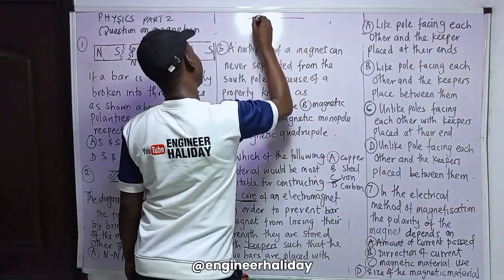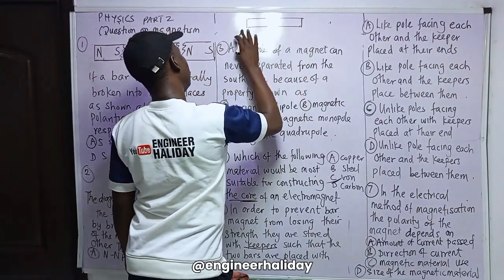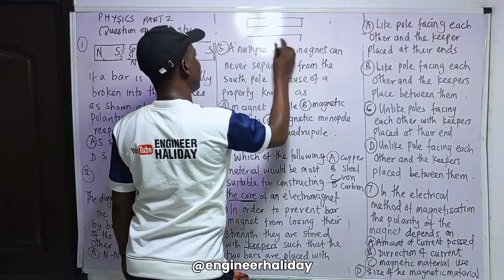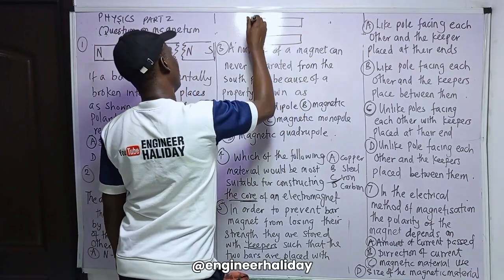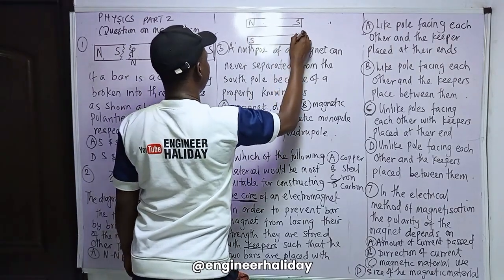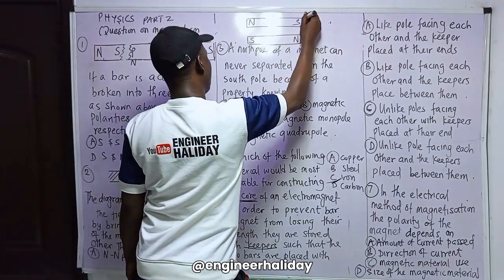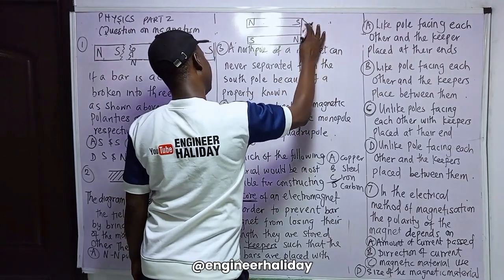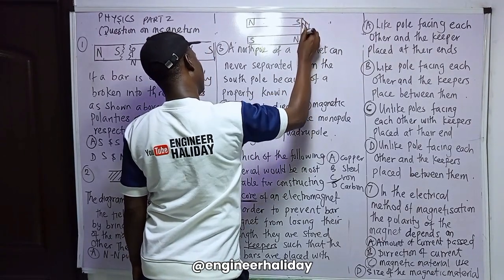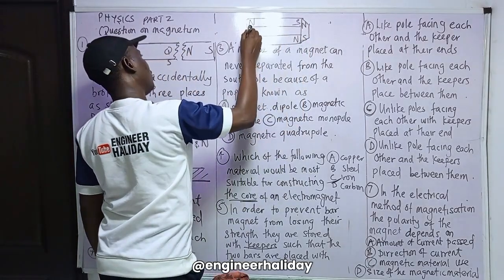If I have a magnet here, I have another magnet here. Now these 2 magnets, one is north, one is south. Here will be south, here will be north. So that when we store them, we'll put the keepers at the end to key it together, to close it. Here will be north, here will be south. Put another one here.